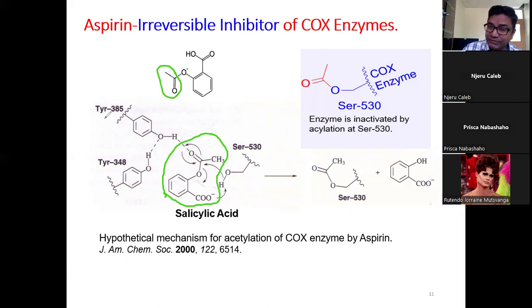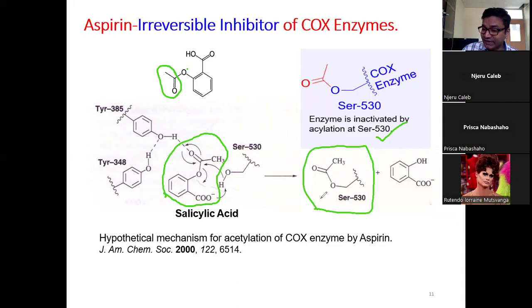The remaining portion will be attached here. When the acetyl group is attached, the enzyme becomes inactive. The enzyme is inactivated by acetylation at serine 530. So salicylic acid will come out from that enzyme.